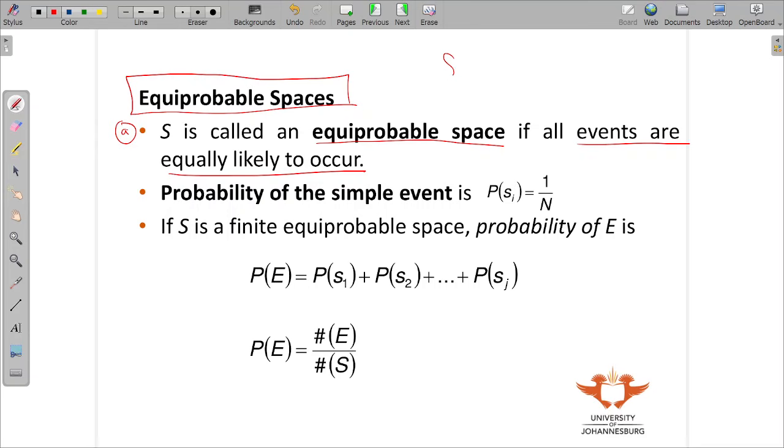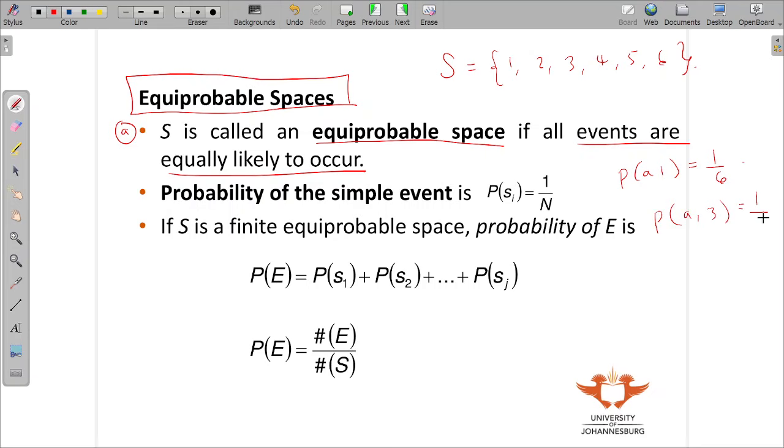For example, in a sample space of a die, 1, 2, 3, 4, 5, 6, they have equal likeliness of occurring. So if I ask, what is the probability of a 1? The probability of a 1 is 1 over 6. What is the probability of a 3?